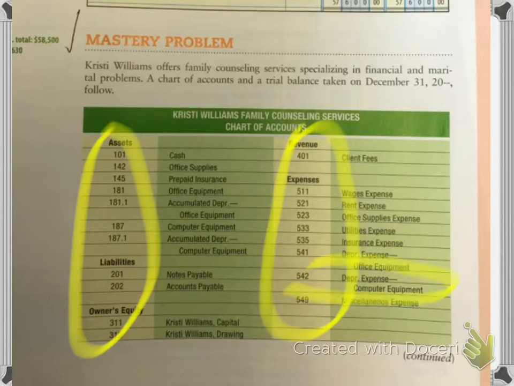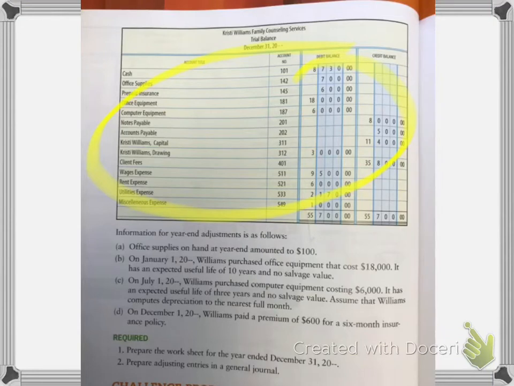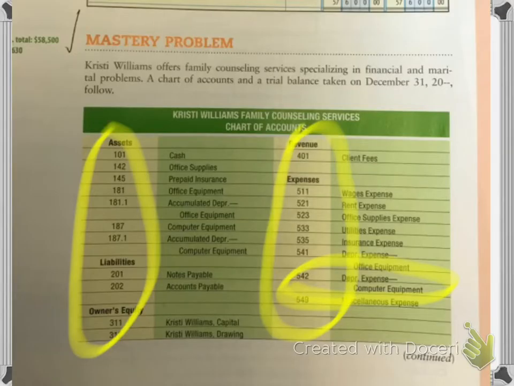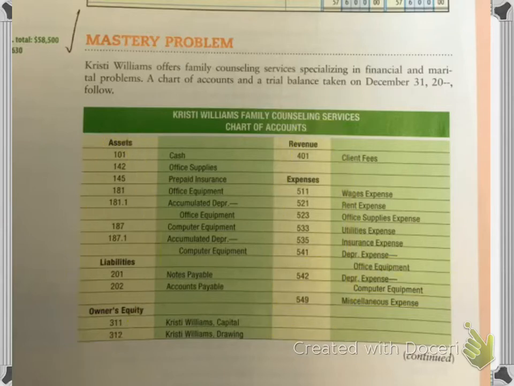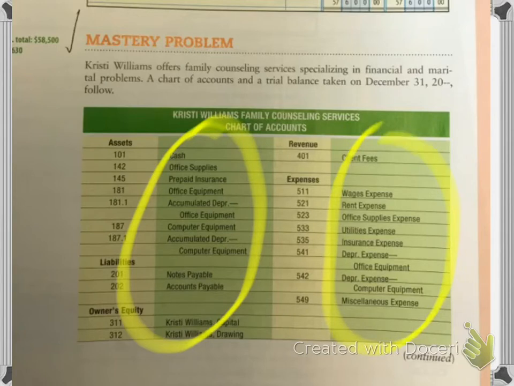depreciation expense, computer equipment is not on this trial balance. It's not down there because it does not have a balance yet. So be sure that when you prepare your trial balance in the worksheet to include every single account title, even if it does not have a balance.